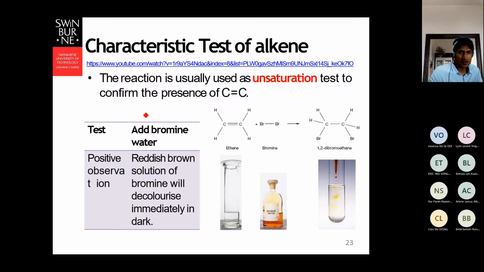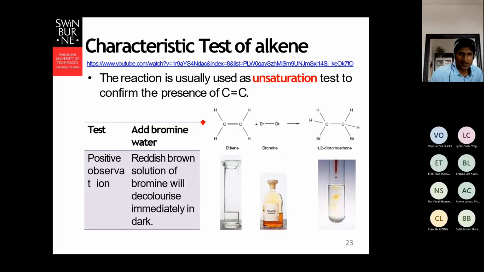Since alkene will react instantly and readily with halogen, if we keep the chlorine in the alkene, then it will react. But the problem is we cannot see the color of chlorine gas, and it is very dangerous.